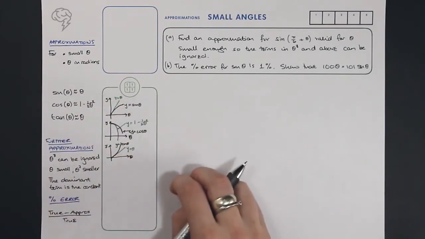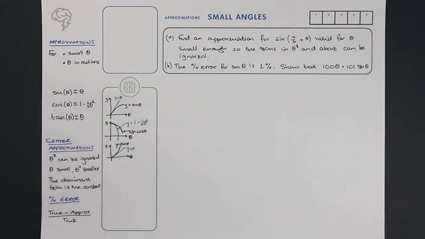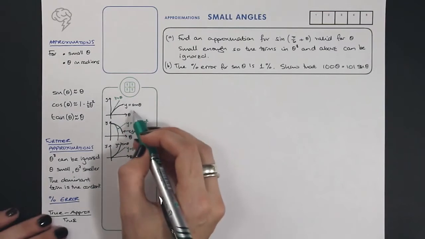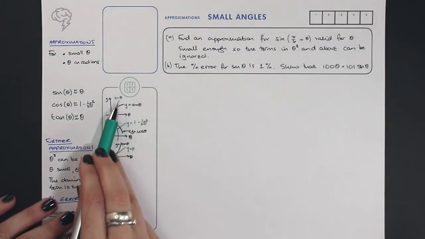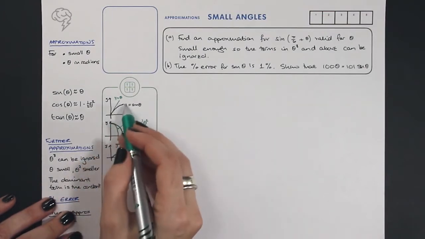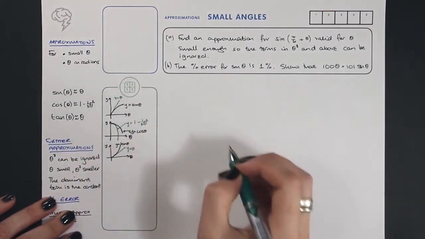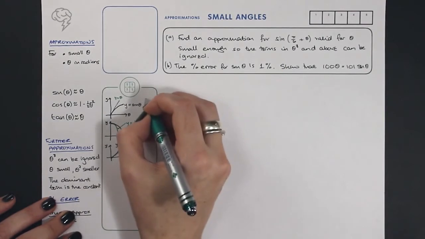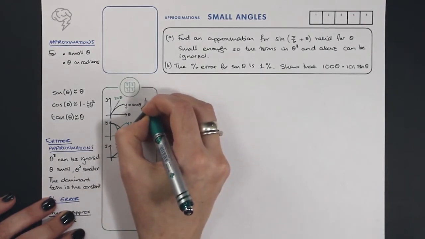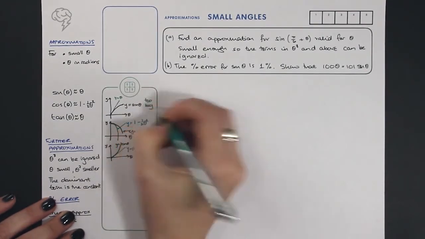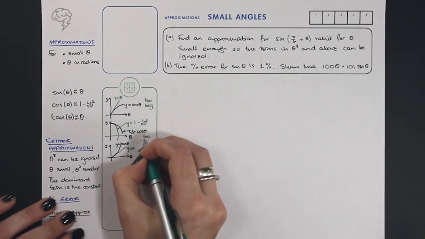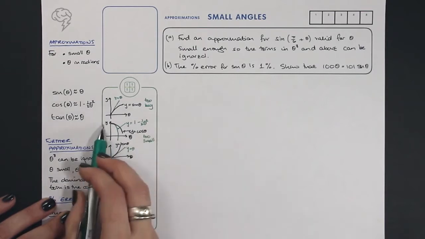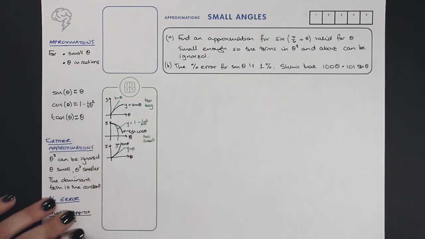Now you can see from the graph that for sine theta, the approximation is going to be a tiny bit too big because the line is above the true graph of sine theta. So the approximation is a bit too big for sine. The approximation for cos theta is going to be a bit too small because the green graph is underneath the black graph, the true value.